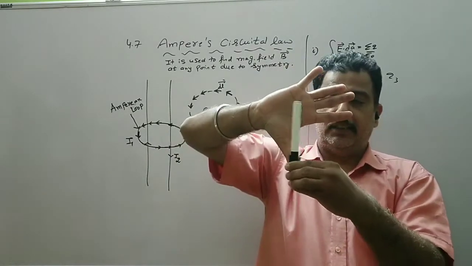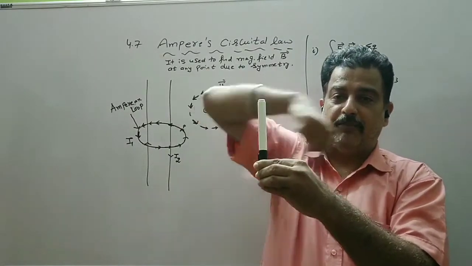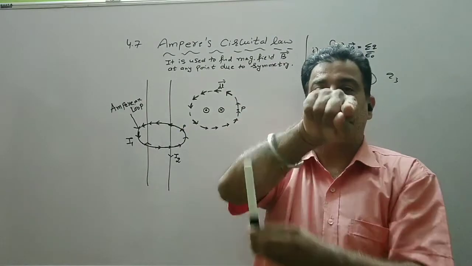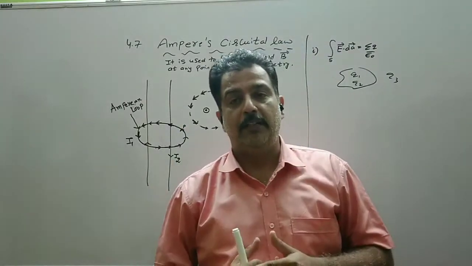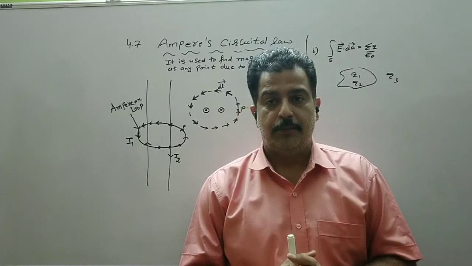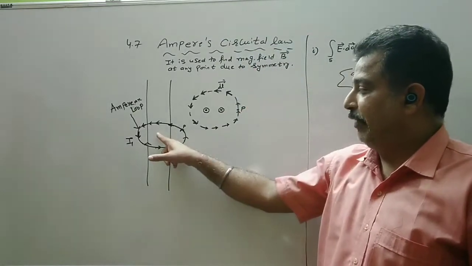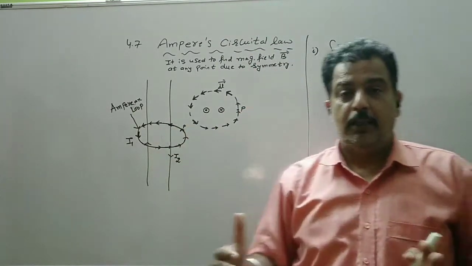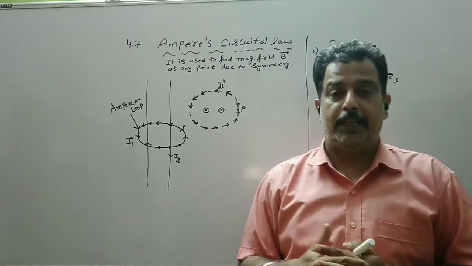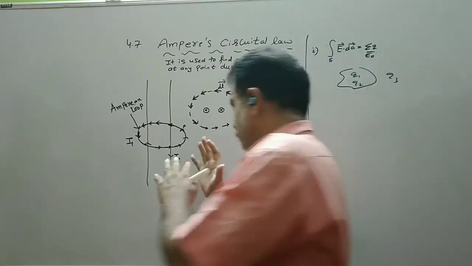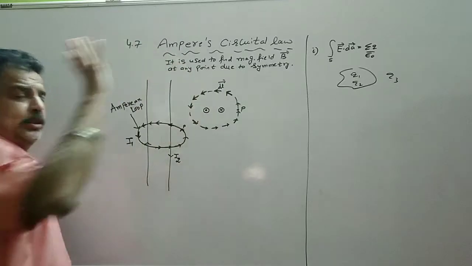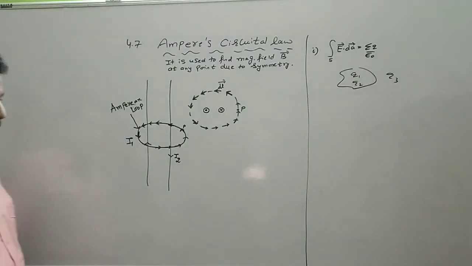If I take this wire, its magnetic field is like this. For this point, it is coming outward. So both the fields are in opposite directions. Here, if I take a point inward, we have seen both the fields were in the same direction. So now both the wires are enclosed in this Amperian loop.